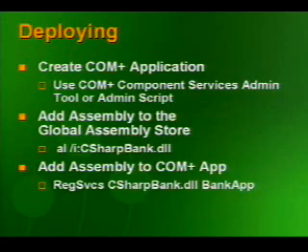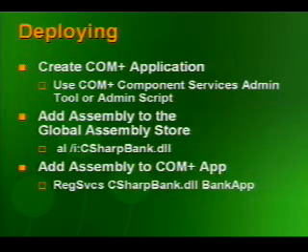So the next step is we've done our code, we have now built it, we have to come to deploy it. So I can either take my component and put it inside an existing COM+ application, or I can create a brand new COM+ application using the COM+ Component Services admin, or I can use a set of scripts and use the COM+ admin APIs to go and create those COM+ applications.